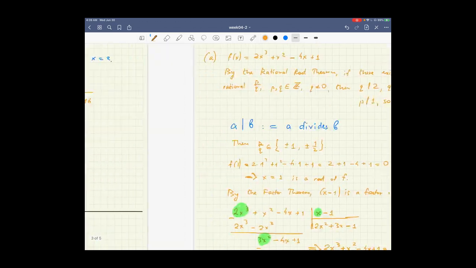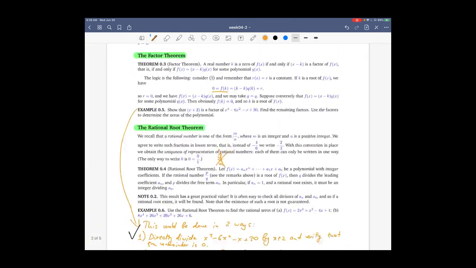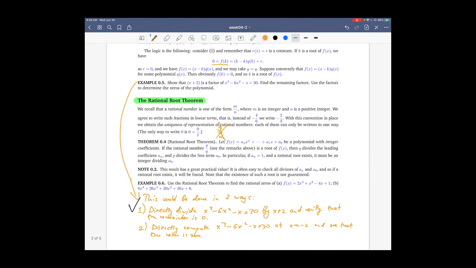And one more time, I'd like to emphasize that the rational root theorem does not guarantee the existence of a rational root. It only says that if that root exists, which it might not, then it has certain interesting properties. Consider, for instance, the polynomial x squared minus 2, which factors as x minus square root 2, x plus square root 2.